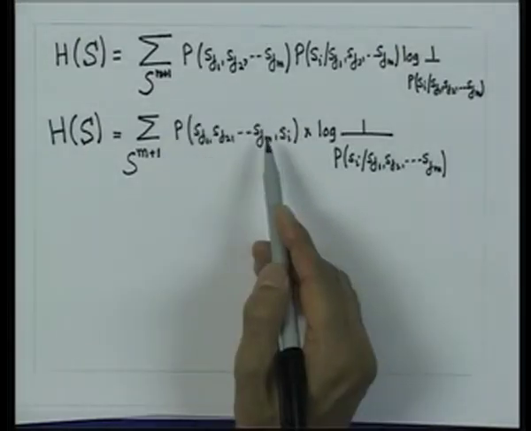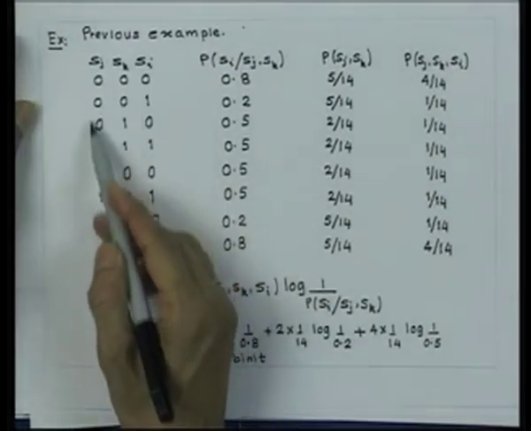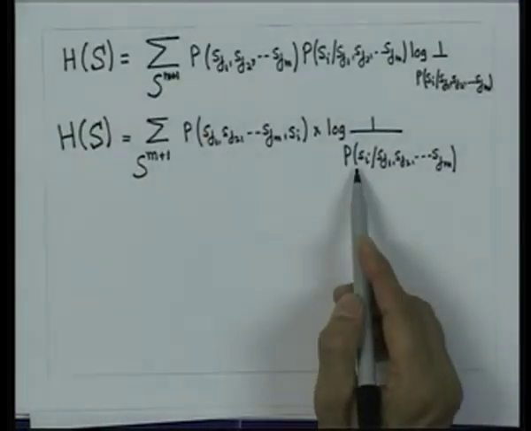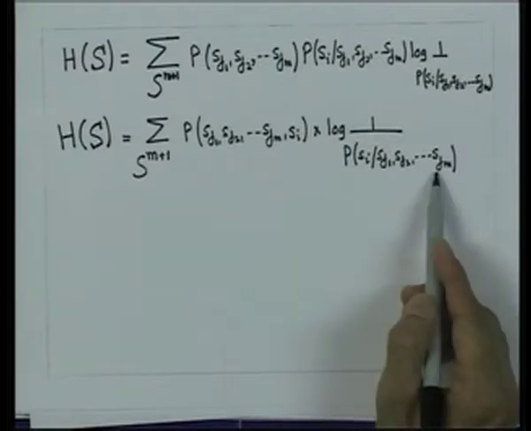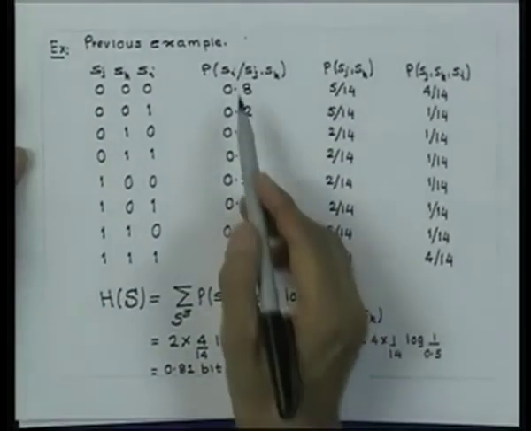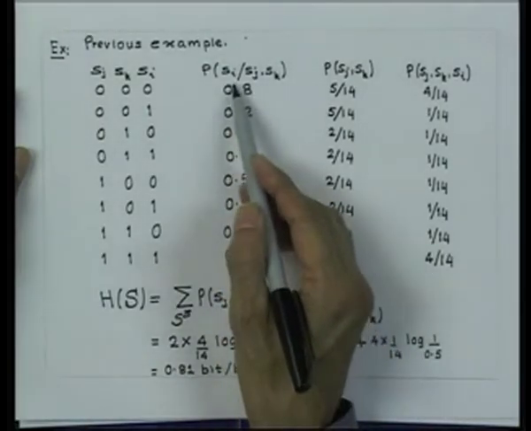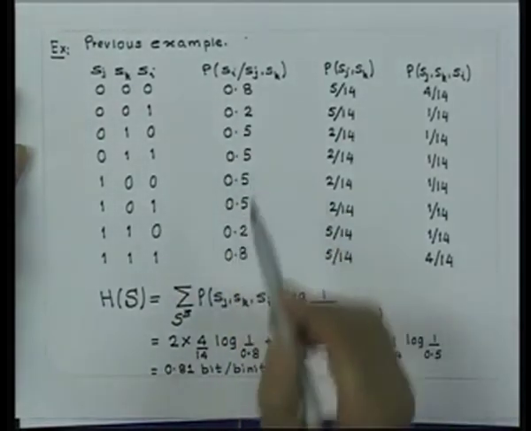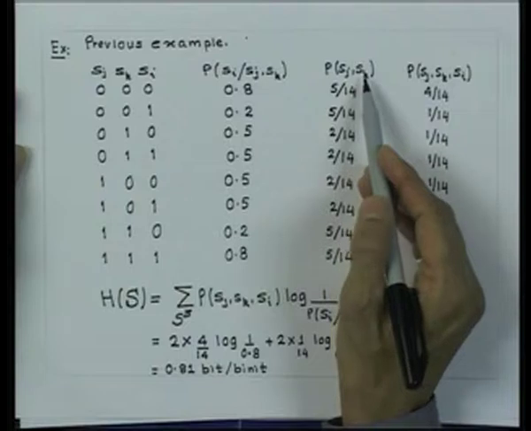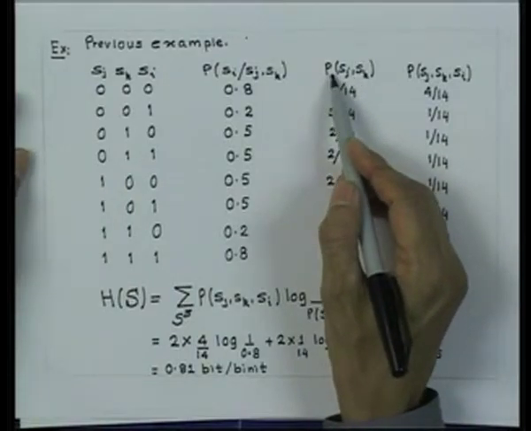So, to do this I will require the states. I have written down all the various combinations of Sj Sk Si. I will also require the conditional symbol probabilities. The conditional symbol probabilities for this problem are given directly from the specification of the problem. Probability of Sj Sk is nothing but the probability of a particular state.